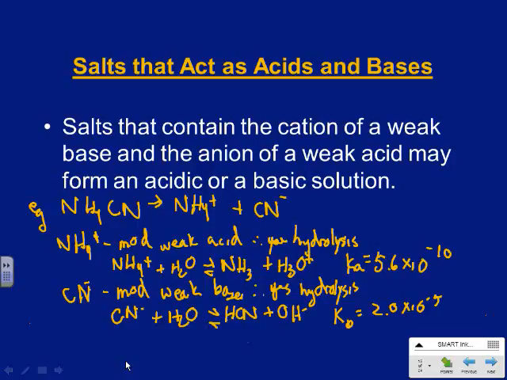Because the Kb is bigger than the Ka, which means cyanide is better at being a base than NH4 plus is at being an acid, so it dominates. Now, that calculation is difficult to do, and I won't make you do a calculation like that because you've got two equilibria happening at the same time. But we can qualitatively say, because the Kb is greater than the Ka, therefore, it's going to be a basic solution. Okay?